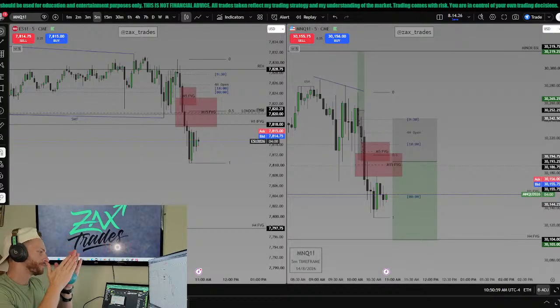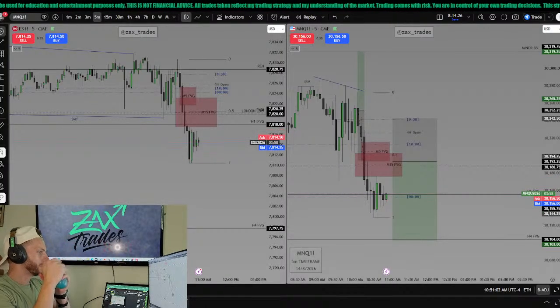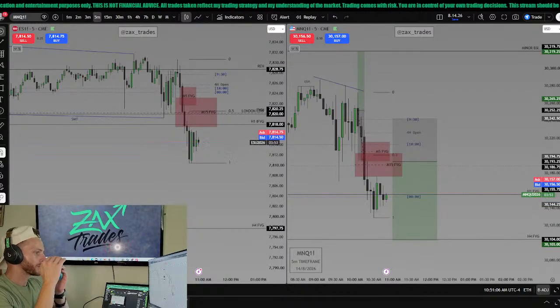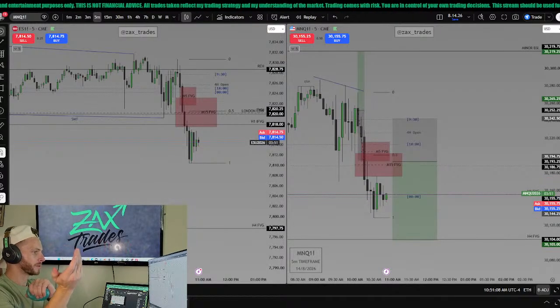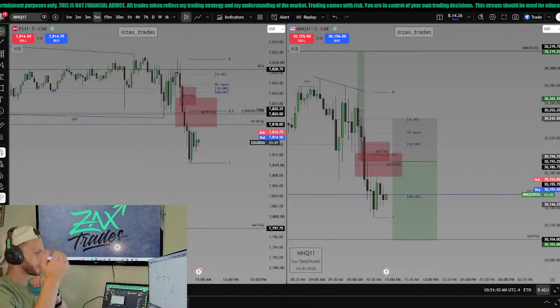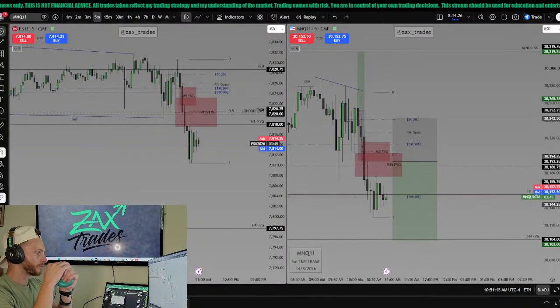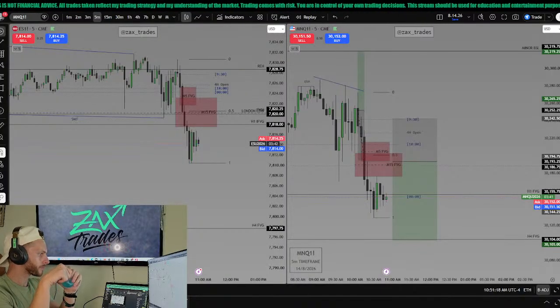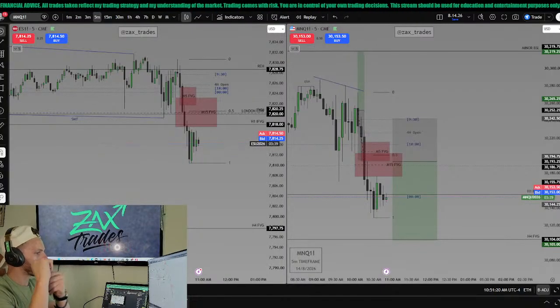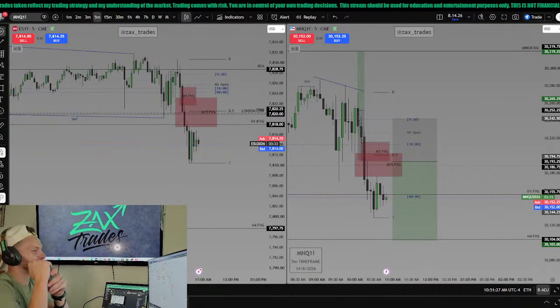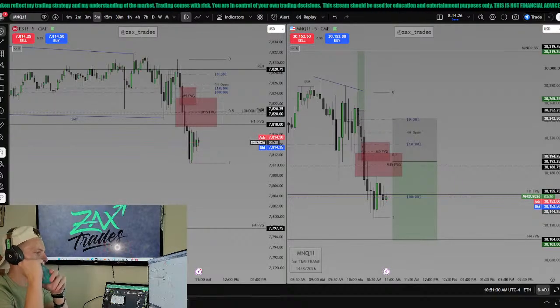I'm going to say that one more time. Can you be patient when the market first opens for that first trade setup, for a good one where you're not rushing into something? If you take a loss on trade one, can you be patient and wait for a good trade two, even if that means you don't get a second entry?